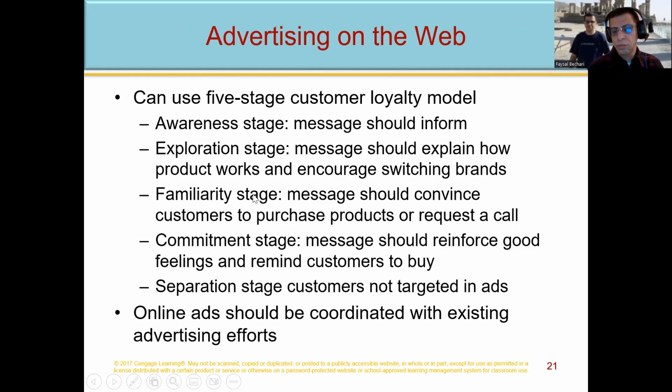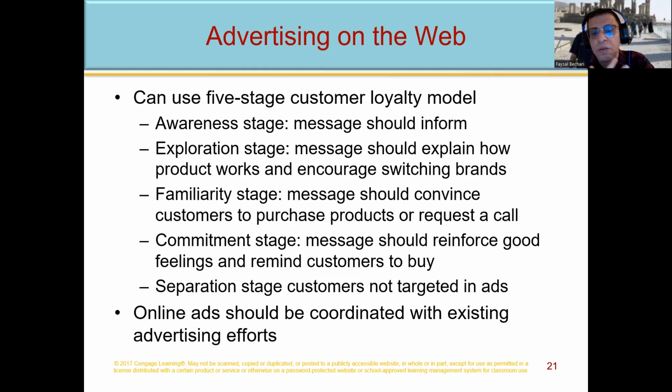So for the first stage, we think about how we do the advertisement on the web. As we said, the five stages of intensity are also applicable to the way you do advertisement. First is the awareness stage, where messages should inform, as you saw, for the 500,000 people.